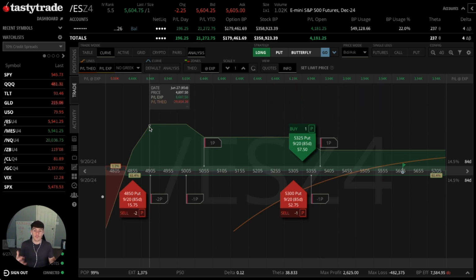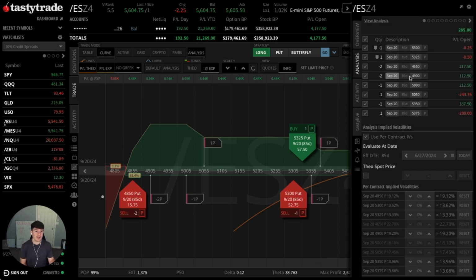So now I can see a portfolio risk of how much my account will lose at certain price points in the market. For instance, if the market gets down to 5,200, then my overall account will be down about $8,000. Again, I can now know how many hedges I need to put on and things like that to help protect against this. So that's how you can view the profit graph.